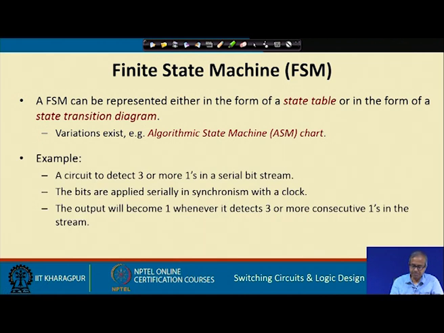Let us take a very simple example to illustrate. Consider that we want to build a circuit. This circuit would be like this. There is a circuit which will be having a single input, let us say x. It will be having an output z, and of course, there will be a clock.